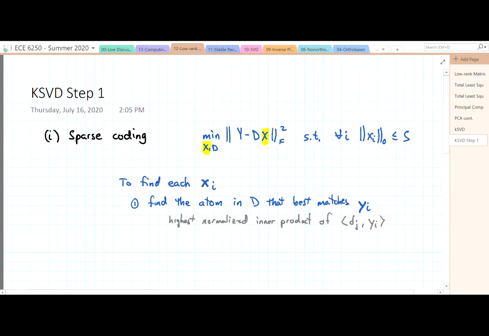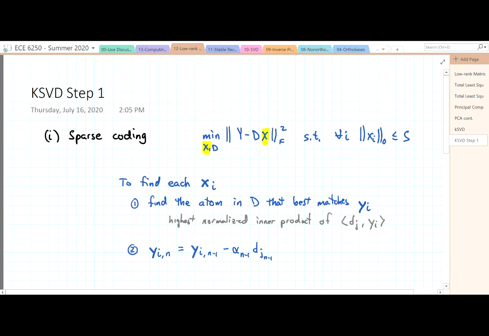Okay. Once we've found that, then we say that y_i,n equals y_i,n-1 minus alpha_{n-1} d_{j_{n-1}}.